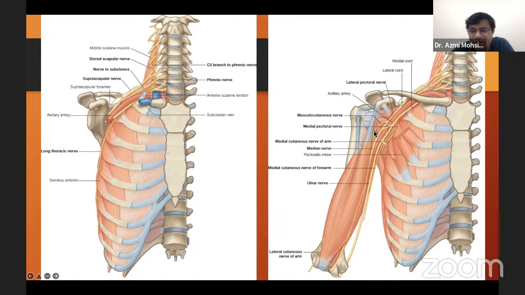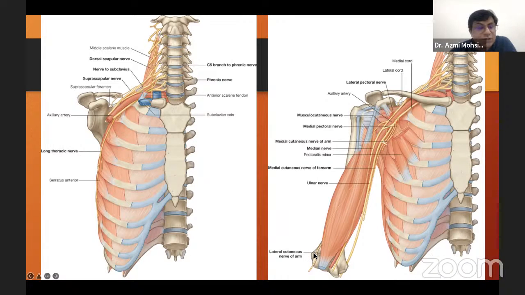It pierces and supplies coracobrachialis, then runs in between the 2 muscles, between biceps anteriorly and brachialis deep to it. So biceps brachii is innervated on its deeper surface, and brachialis is innervated on its superficial surface by this nerve, musculocutaneous, which has an oblique course in the arm, and it emerges laterally below the lower end of this biceps.